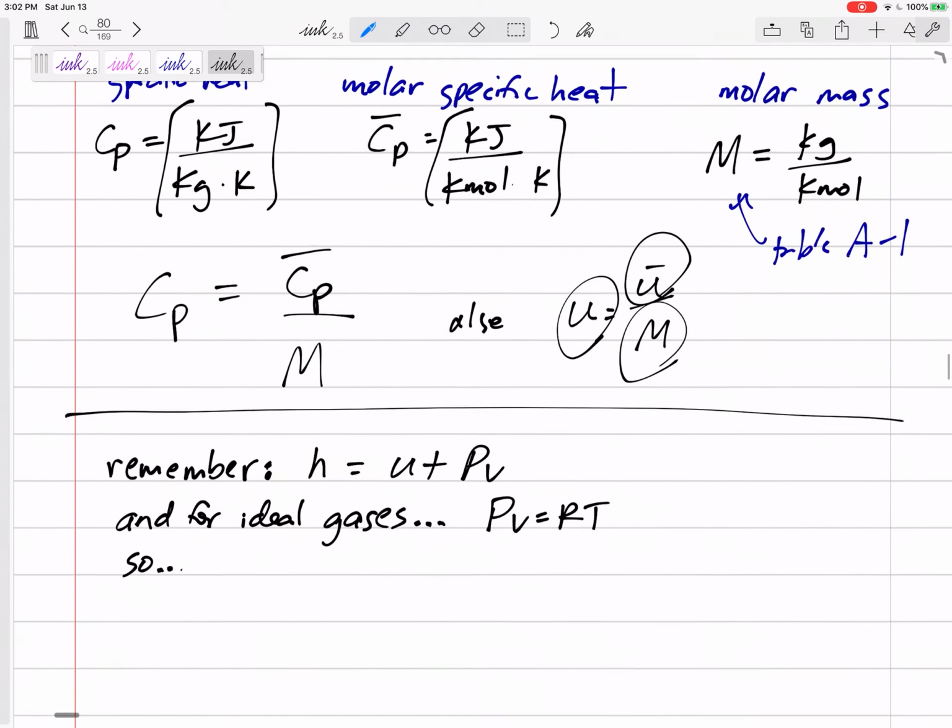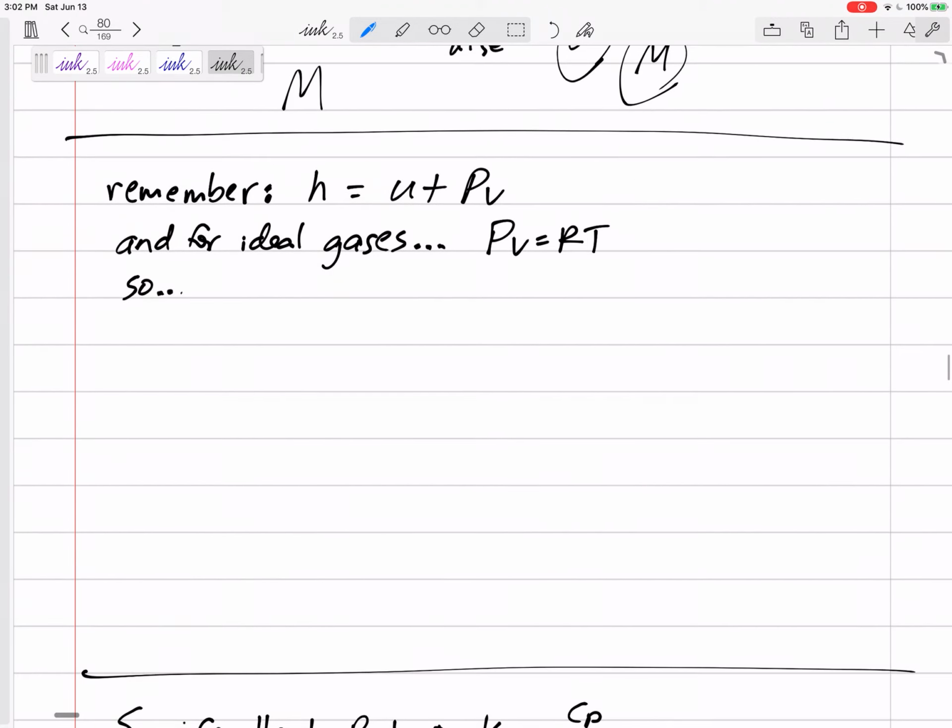Okay, a few things. Remember we said that enthalpy is really internal energy plus the flow work. H is U plus PV. For ideal gases, PV is RT. Let's do a little bit of math here. H is U plus PV, which is U plus RT, just substituting PV as RT.